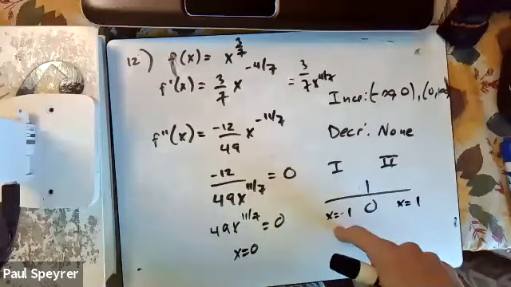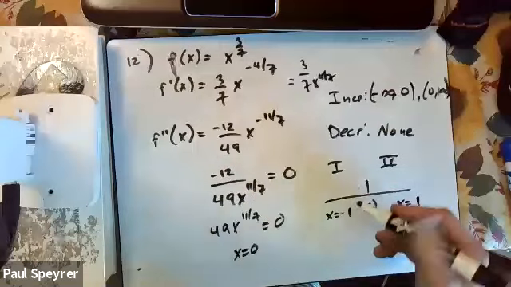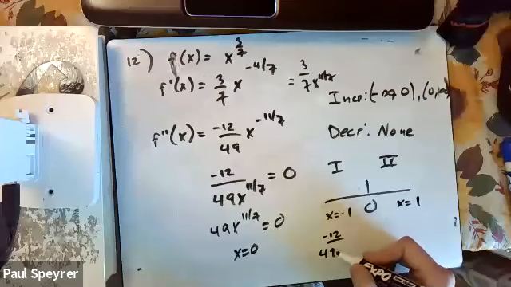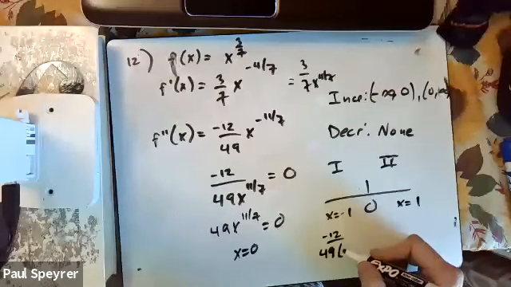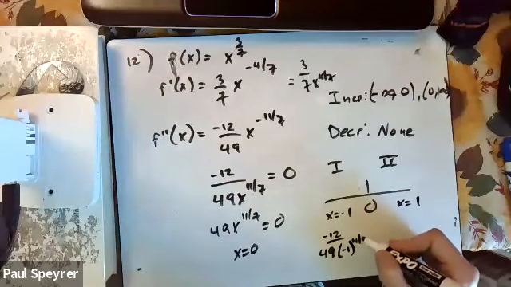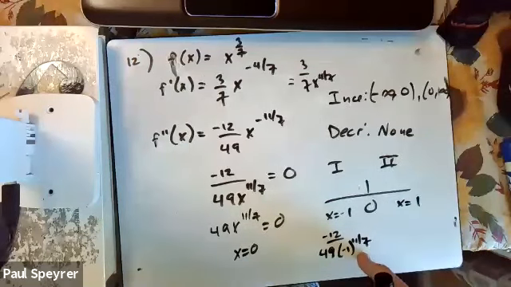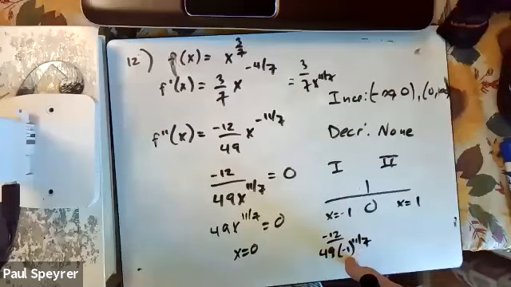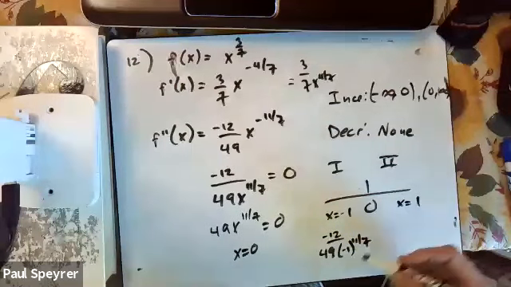If I plug -1 into this expression, we get -12 over 49 and -1 to the 11/7. This is not going to be +1, okay, like it was for the first derivative. This is going to be negative. If you're in doubt with that, throw that into the calculator. Say -1, caret key 11/7, hit enter, and it's going to spit out -1.